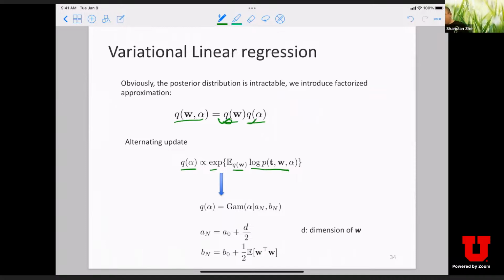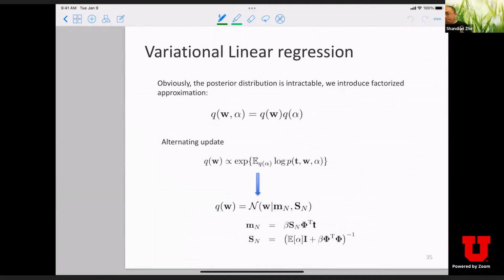You find that this Q of alpha is a gamma distribution. Of course, the parameter of the gamma distribution is related to the dimension of W and also the expectation of W transpose W under Q of W. I will leave it as an exercise for you to figure out the details, but it is relatively straightforward.